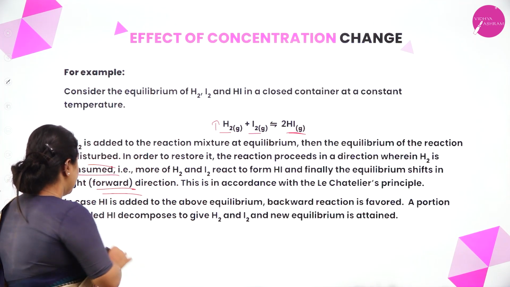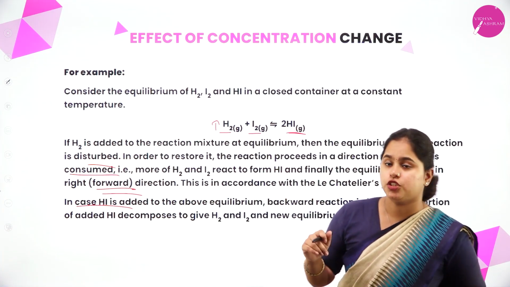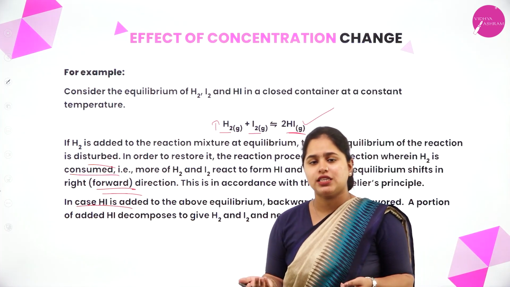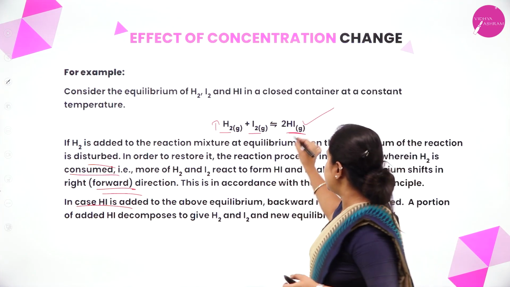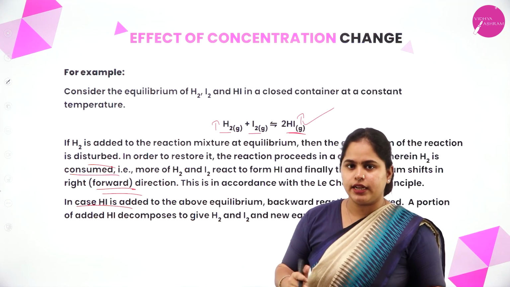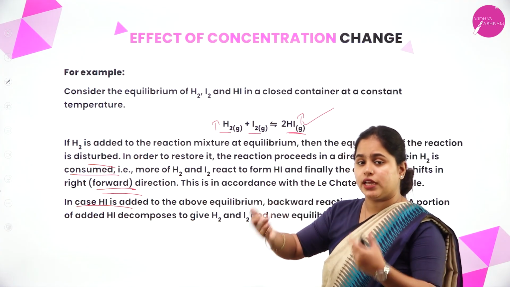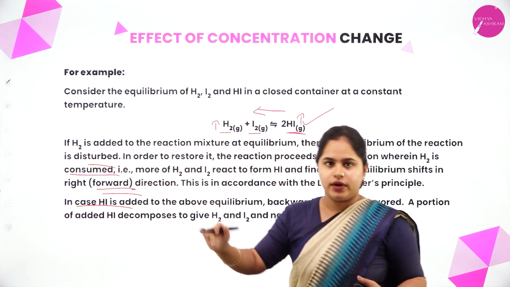In case HI is added, we are adding more concentration of products. If the concentration of the products is increased, what will happen? Yes, the system will tend to decrease the concentration of products to nullify the effect. In which direction will the reaction proceed? It will be favored in the backward direction, right?